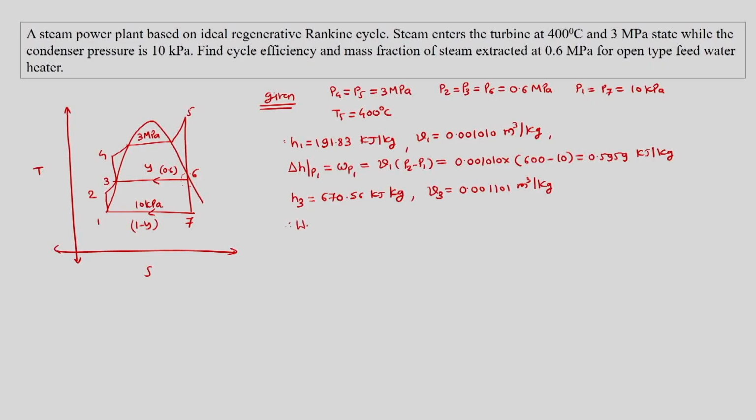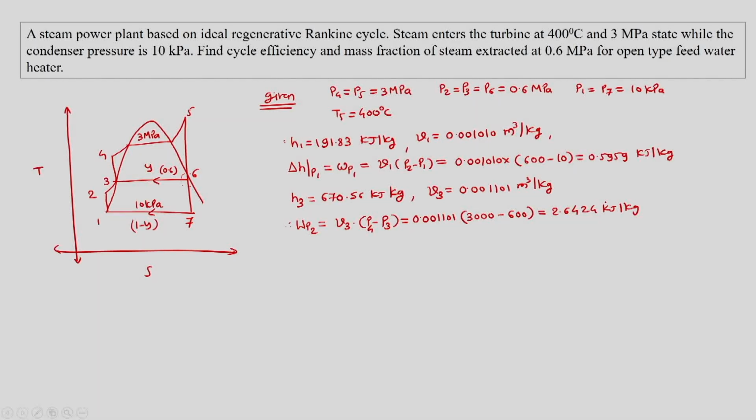So we can find the second pump work WP2, which is also specific, since we are handling a complete mass of 1 unit, and this is equal to nu 3 into P4 minus P3. So it is 0.001101 into P4, which is 3000 kilopascal, minus 600 kilopascal. This gives us the second pump work as 2.6424 kilojoule per kg.